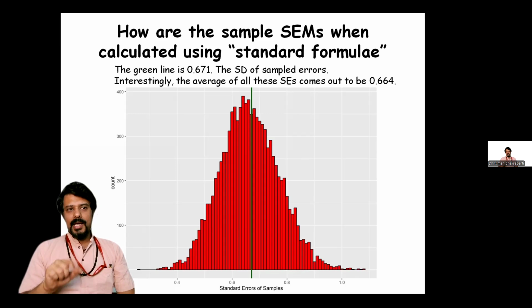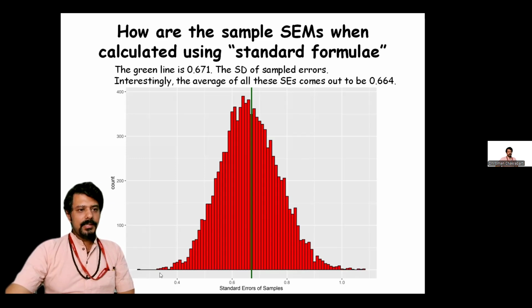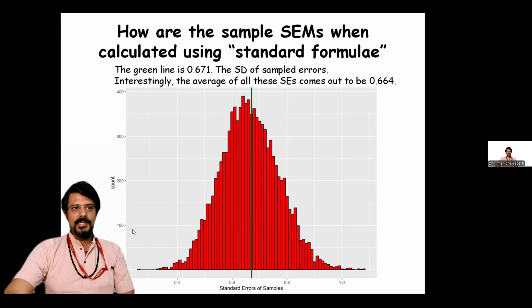Okay, so I calculated the standard error of mean for all of the samples that we collected, those 1 lakh samples. You can see that the standard error is also ranging from a very low number to a very high number, while the actual standard deviation of the errors in measurement was 0.671.